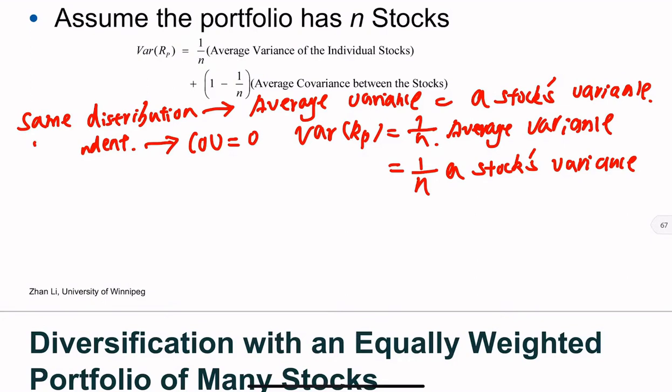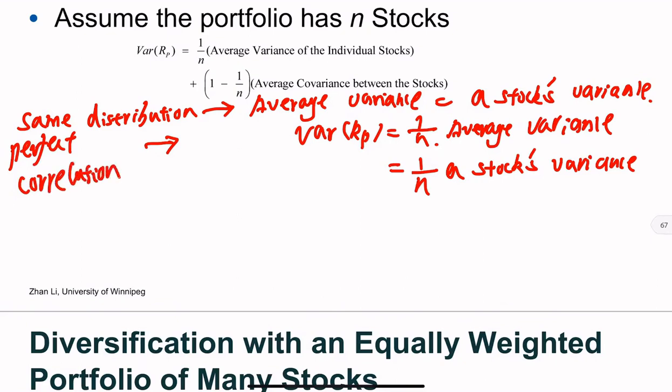But now we don't have independence here, so we will have to change this second assumption into perfect correlation. And if these stock returns have the same distribution and they're perfectly correlated, then covariance equals variance.